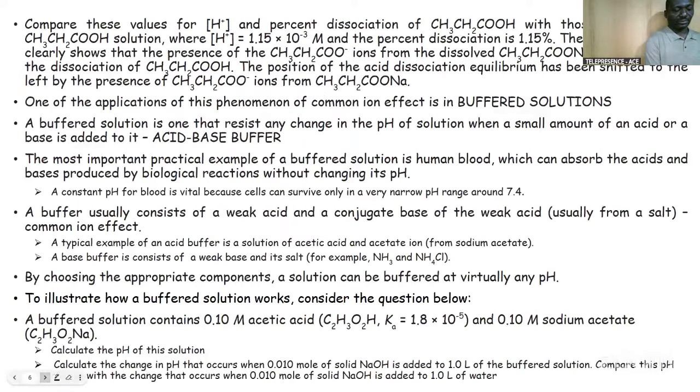Okay, so we have the pH of a buffer equals pKa plus log to base 10 of the ratio of salt concentration to that of acid concentration.